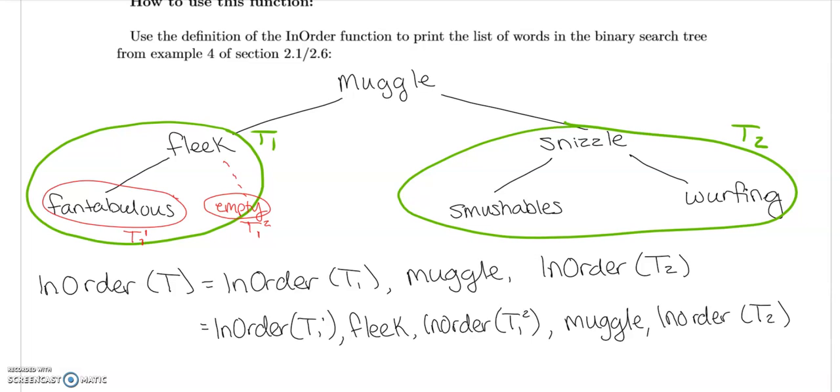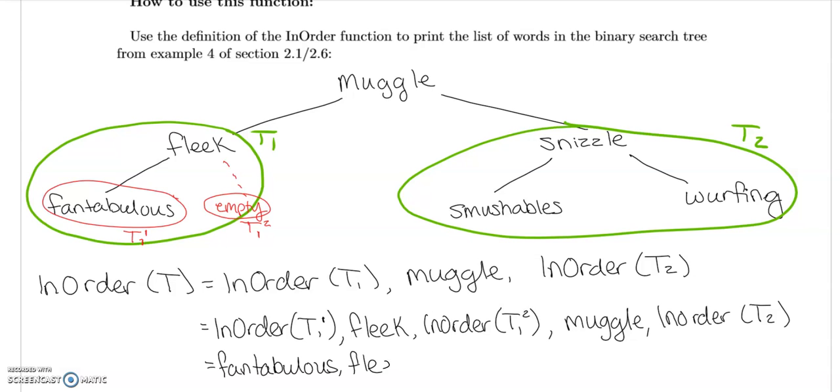Now we have these two simplest cases, inorder T sub 1 superscript 1 and inorder T sub 1 superscript 2. This goes back to our base cases of the definition. Inorder T11 is a single vertex, Fantabulous, so inorder T11 becomes Fantabulous.